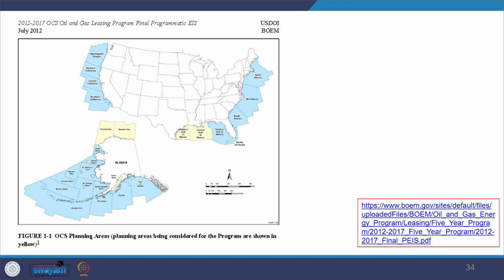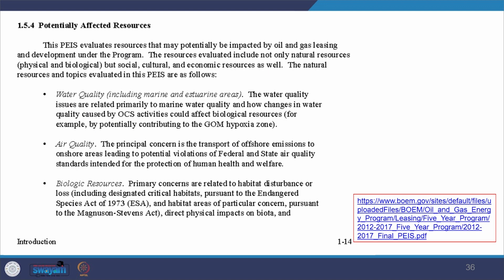So like we read that it has more alternatives, and this is also taken for all the stages. And here we are seeing that it is also considering direct, indirect, and cumulative impact as well. So they identified potentially affected resources here. From this example, you can see water quality, air quality, biological resources. For this report, I have given you the link, so you can access this report as well and see.